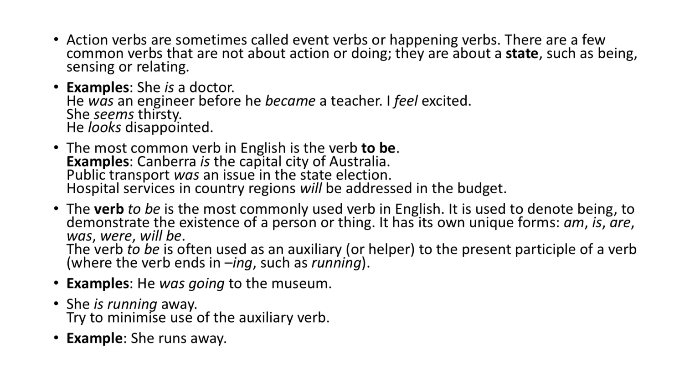The verb to be is often used as an auxiliary or helper to the present participle of a verb, and that's where the verb ends in ing, such as running. And here's an example. He was going to the museum. She is running away.